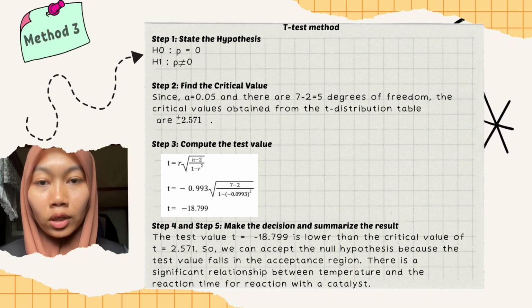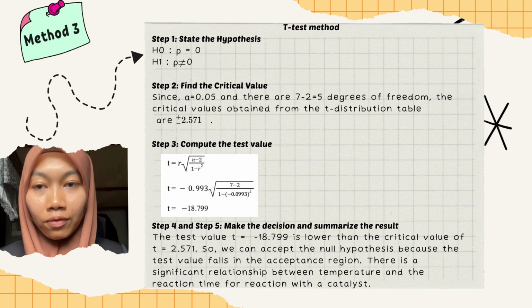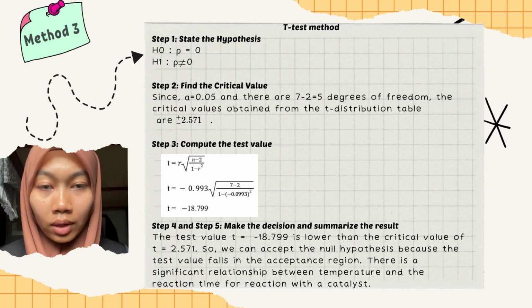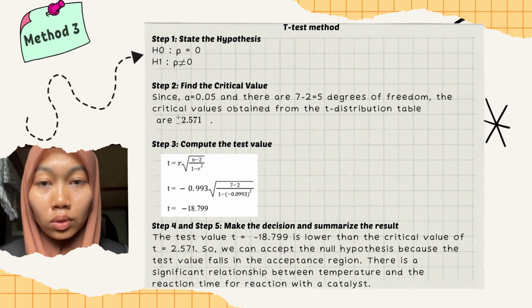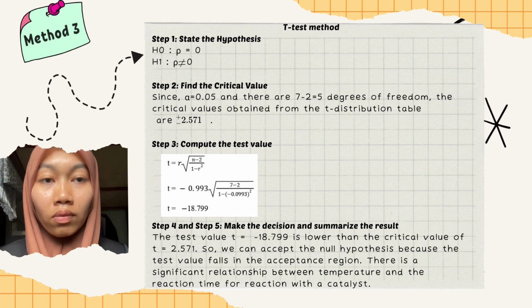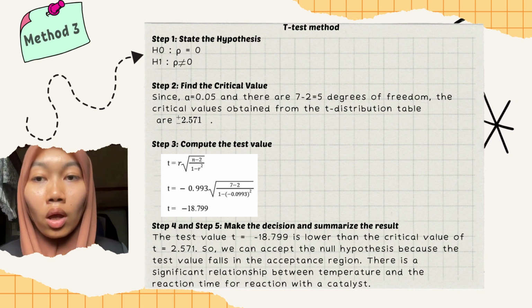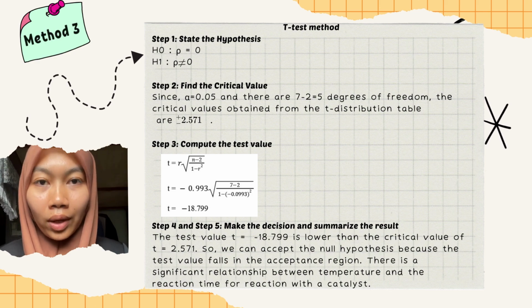Step 3, compute the test value. Then we can calculate that t is equal to negative 18.799. Step 4 and 5, make the decision and summarize the result. The test value t equal to negative 18.799 is lower than the critical value of t equal to negative 2.571.